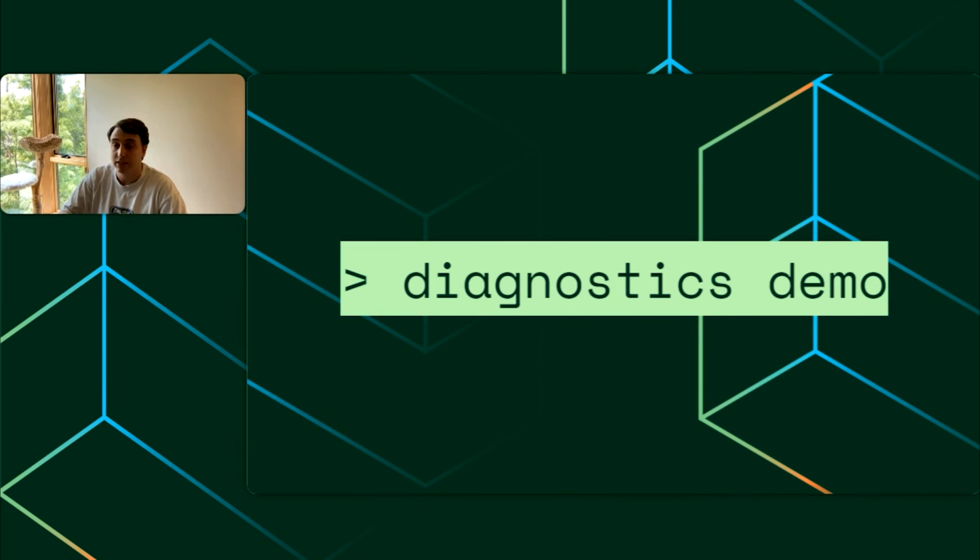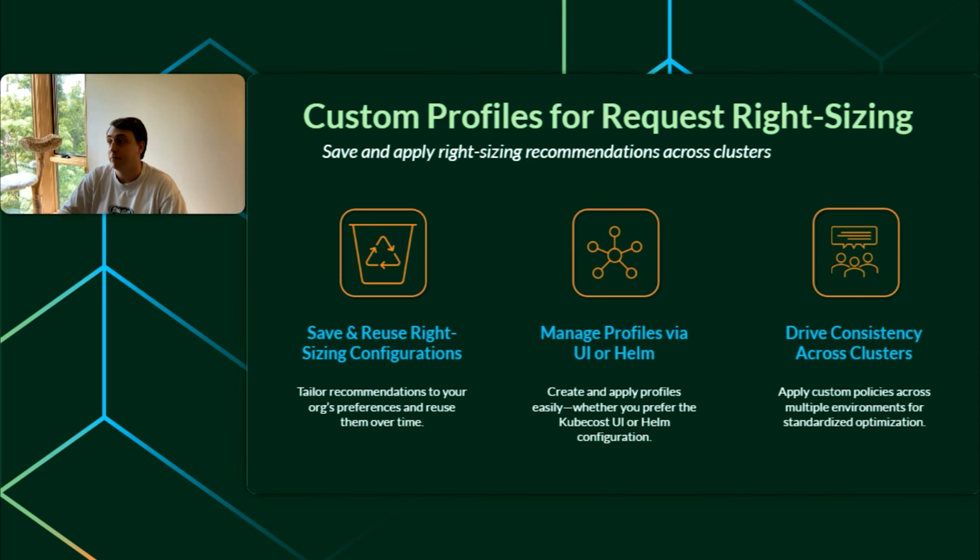Come back to my slides here. Custom profiles for request right sizing. As a lot of you hopefully are aware, Kubecost has container request right sizing recommendations, and that has helped a lot of our users and teams save millions of dollars.